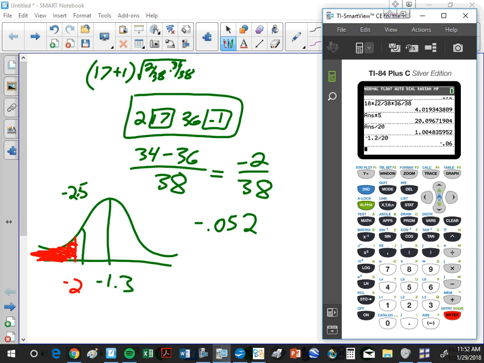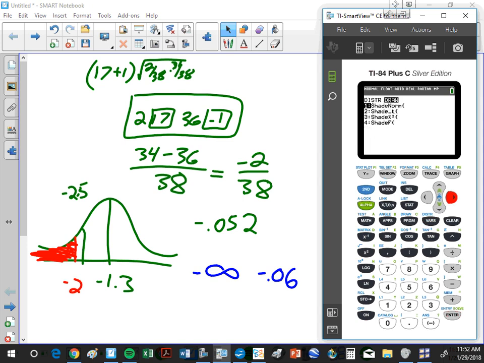Okay, so I need to find the area between negative infinity and negative 0.06, which is probably going to be really close to 50%. So shade norm from negative infinity to negative 0.06. Oh, I didn't clear my draw, but 47.6%. Okay.